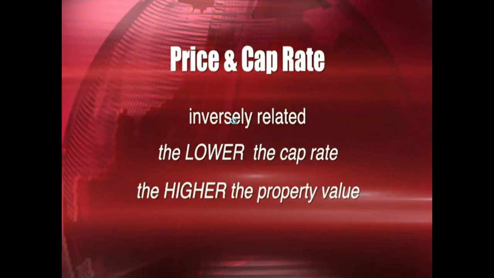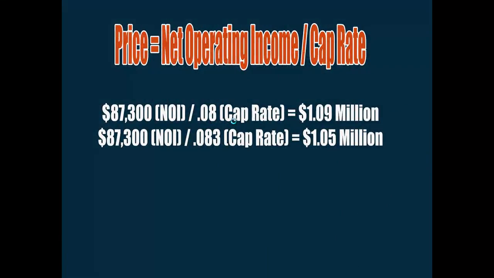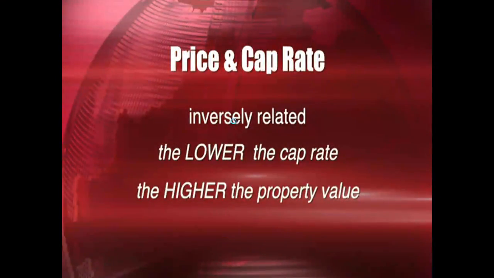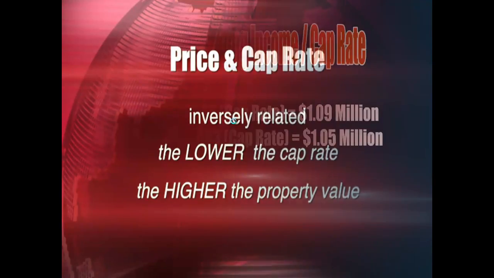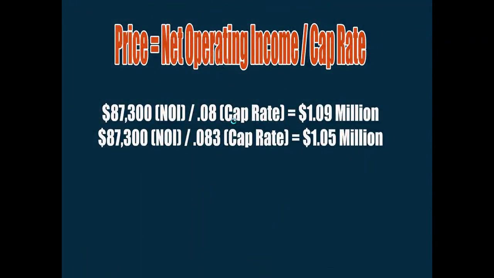At 8.3%, it's going to be, divide that same 87.3 by 0.83, and you get 1.5 million. And by the way, that happens because cap rate and price are inversely related. And I'll go through that in a couple of minutes. But cap rate and price are inversely related. So we've got a range. We know we've got a net operating income of 87.3.